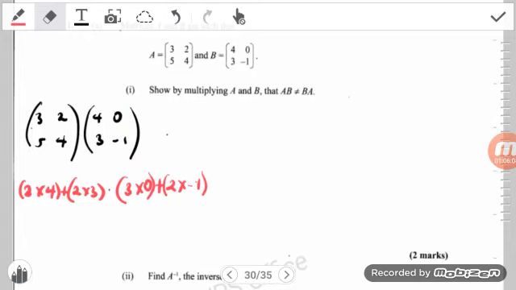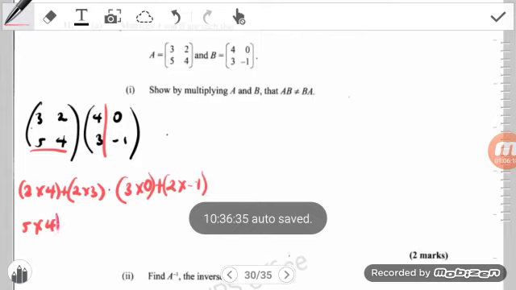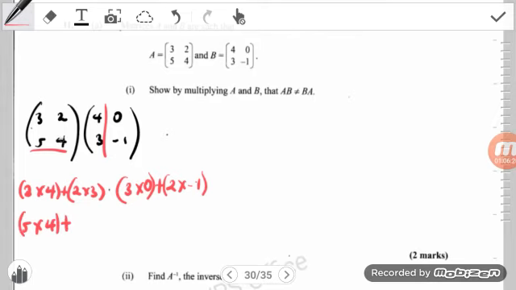So we're going to go to this row and this column. So 5 multiplied by 4 plus 4 multiplied by 3.